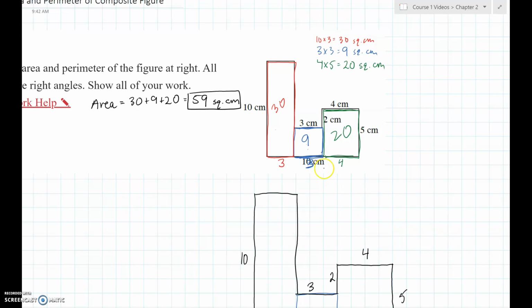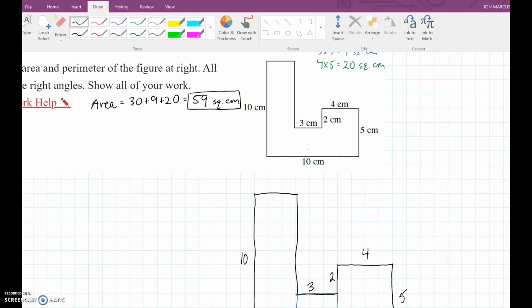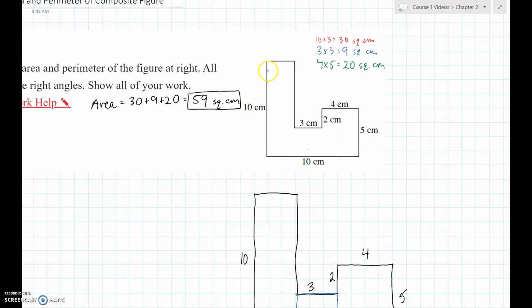So for the perimeter, let's remove all this stuff. All right, we can add up all the lengths. We've got 10 plus 10 plus 5 plus 4 plus 2 plus 3.